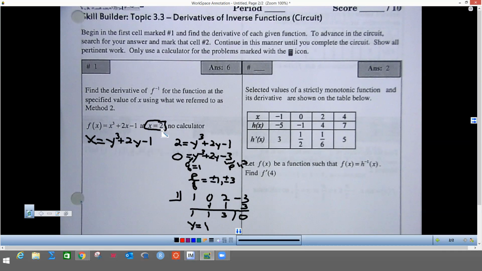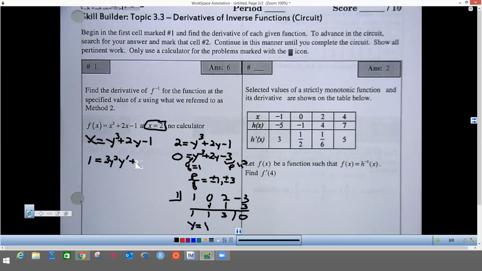2. So what that tells me is I can take this 1 and go back up here and plug 1 in for this. Well, actually I'm going to do the derivative of this because I need to find the derivative of this function. So the derivative of x is 1. The derivative of y cubed is 3y squared dy dx, and I'm going to start abbreviating that y prime.